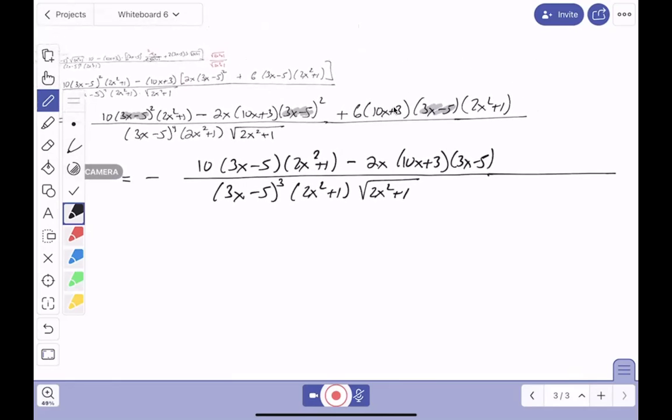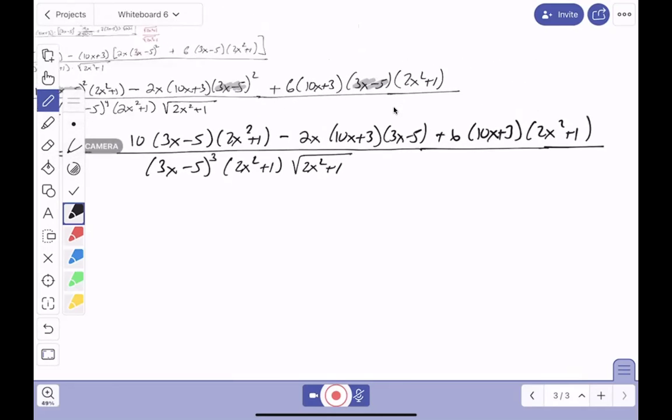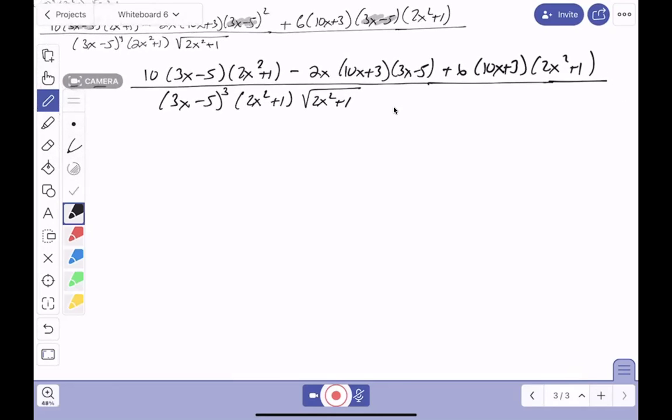Let's take a look. Then we get what? Oh boy, I guess get 6, 10x plus 3, and 2x squared plus 1, right? There's a point to this. I know I keep telling you that. The point is this is really getting long. We'll talk about it later.